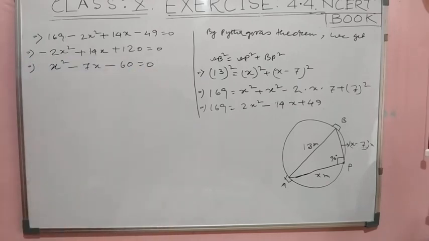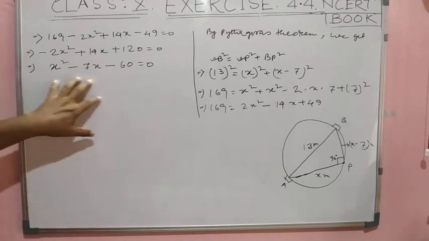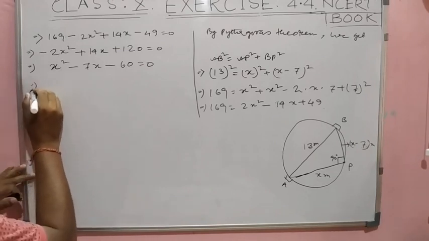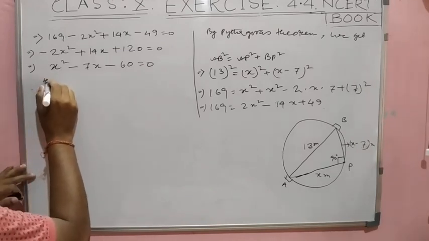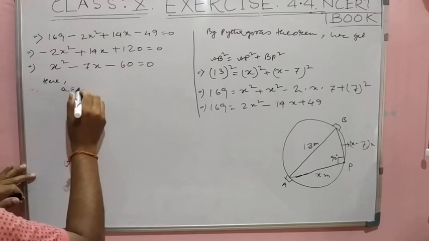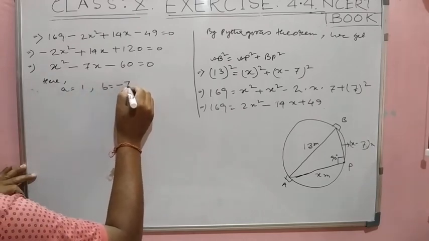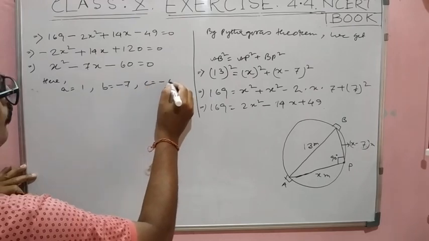Now here we are asked whether this situation is possible or not. So we got this equation. Let us see whether the equation has real roots or not. To get real roots, you see here a equal to 1, b equal to minus 7, c equal to minus 60.